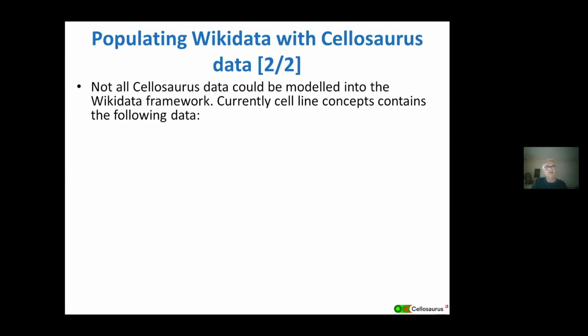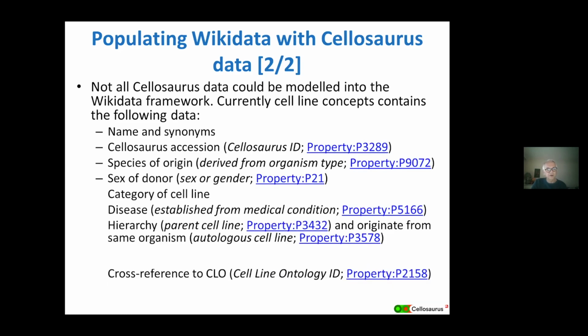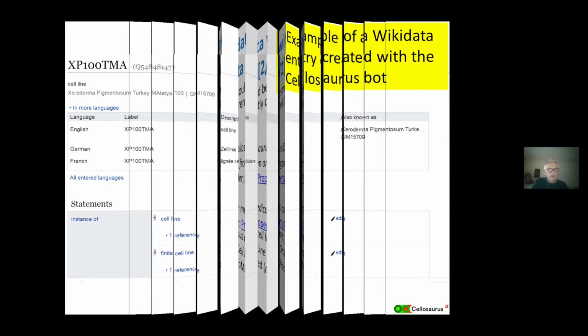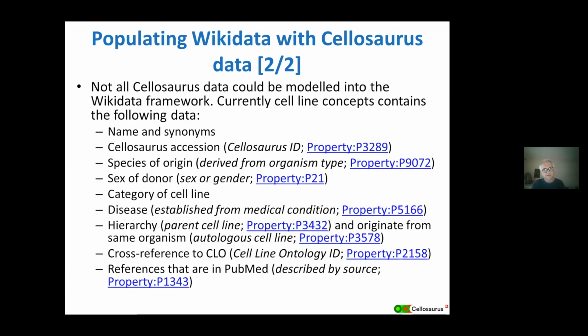Of course, not all Cellosaurus data could be modeled in the Wikidata framework, and it currently contains the following types of information. I'm not going to go into details because I'm sure only a few percent of the 68 people here are users of Wikidata, but you see that it's only a part of the data.